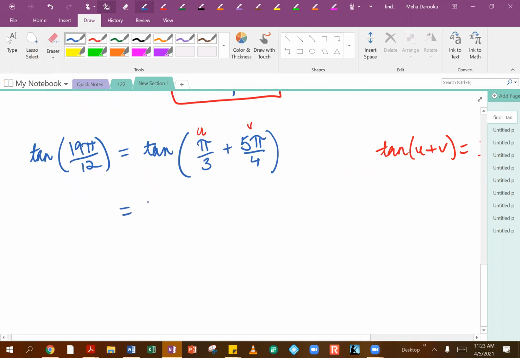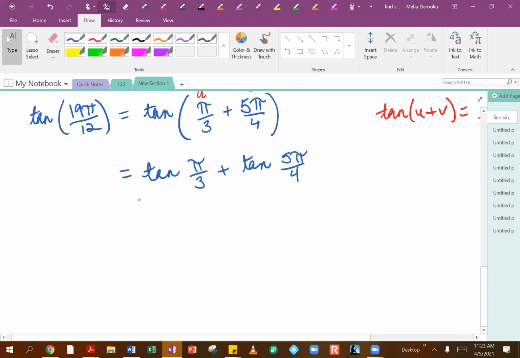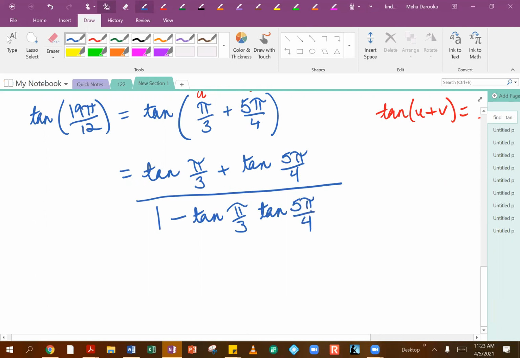This translates into tangent of pi over 3 plus tangent of 5 pi over 4 for the numerator. The denominator would be 1 minus tangent of pi over 3 times tangent of 5 pi over 4.